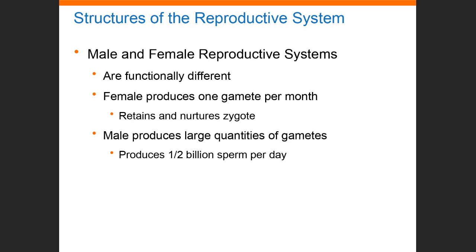So when you think about the ability to produce offspring, you're trying to find a female producing one viable egg, and then you're trying to get the timing of this egg so that it's accessible for the sperm to interact with and potentially fertilize.